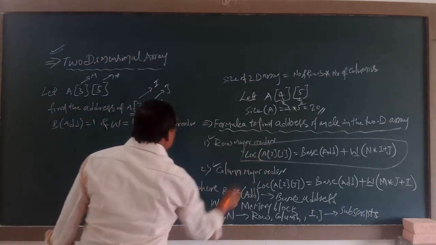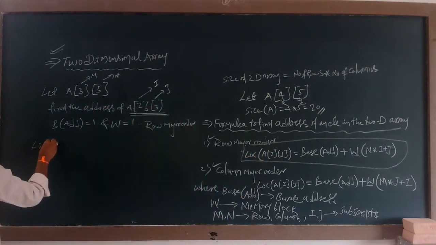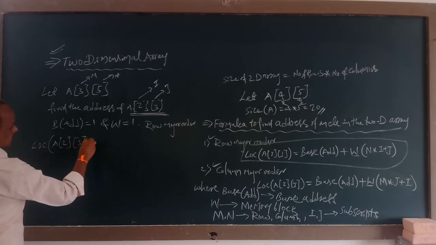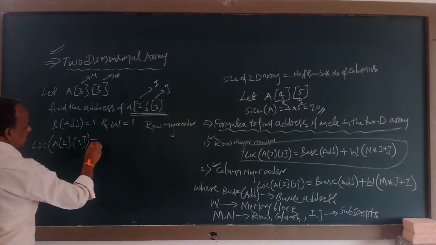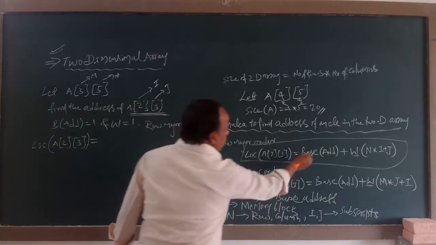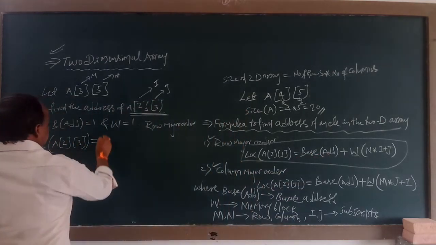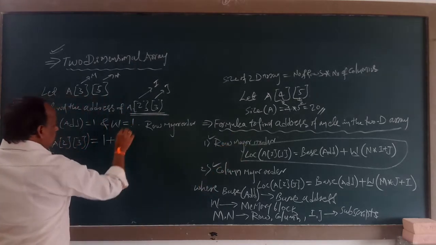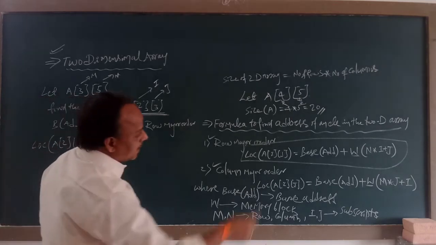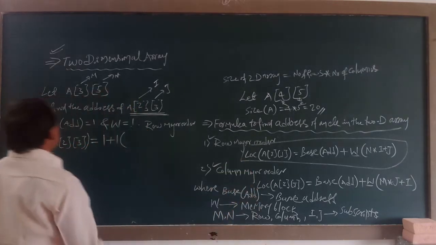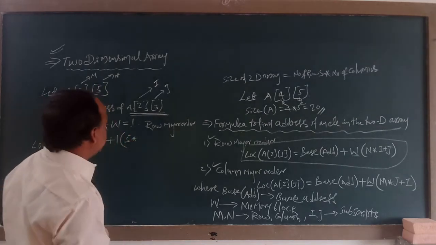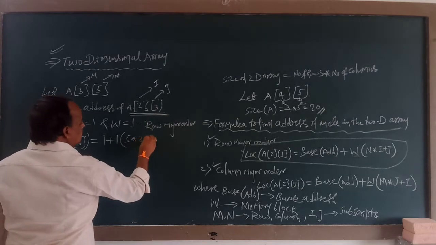Therefore location of A of 2, 3 is equal to base address, and base address here is 1, plus w, and w here is 1, into bracket of n into I plus j. n here is 5, and I plus j means 2 plus 3.